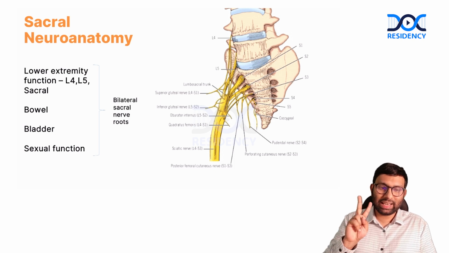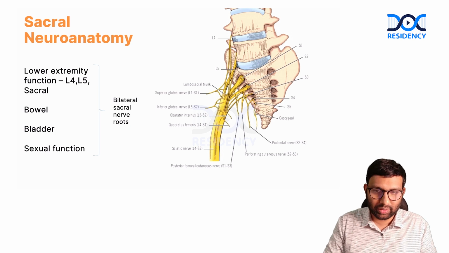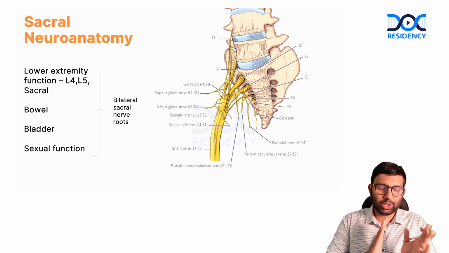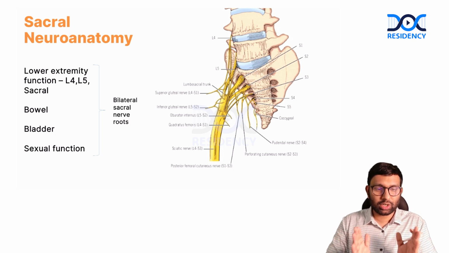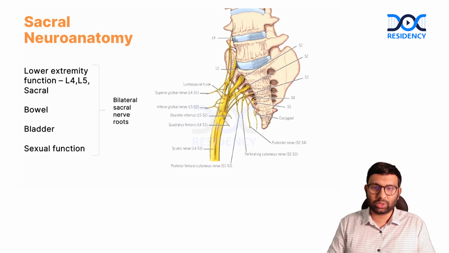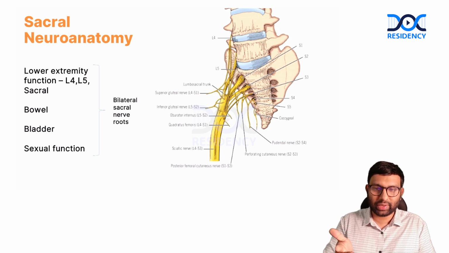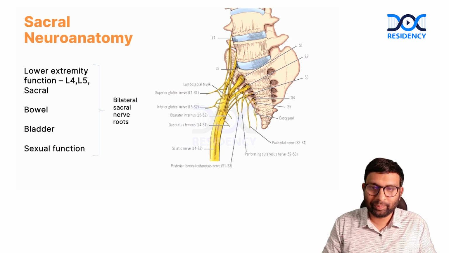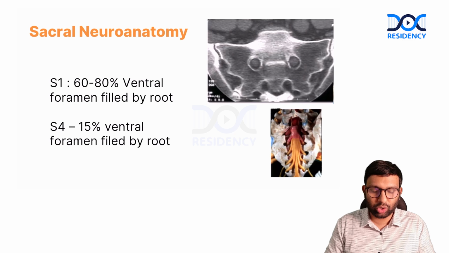It is only when bilateral sacral nerve roots are involved that the patient will eventually have these kinds of deficits. So please understand this. Patients need to have both sides involved. If both sides are not involved and the patient has these symptoms, you have to look for other causes of this deficit. Okay. Then basic examination, what you always do is you examine for L4, L5, S1. You have to do that here as well. Okay, so that was about sacral neuroanatomy.